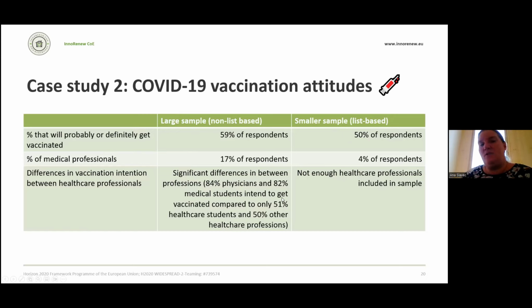So sometimes, if the aim of your survey is not to get an estimate of the population, you can also get valuable data. Based on this large sample of 12,000 respondents, we were able to do an analysis comparing different medical professionals. So all this data collection was also useful.